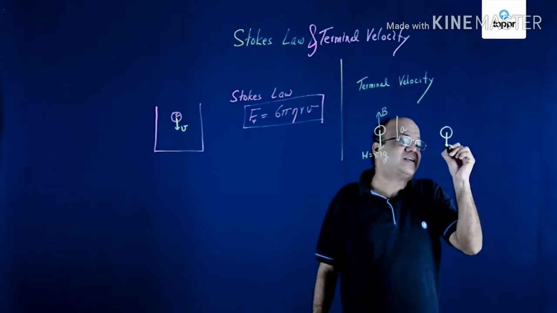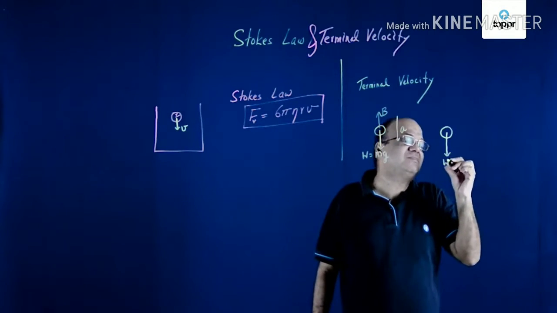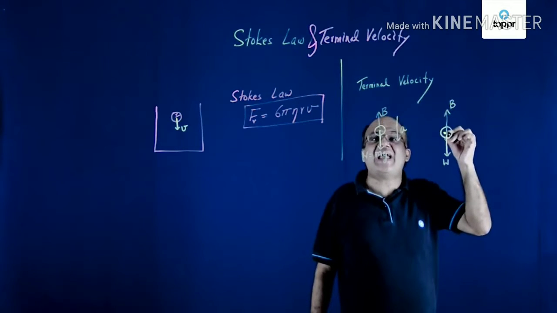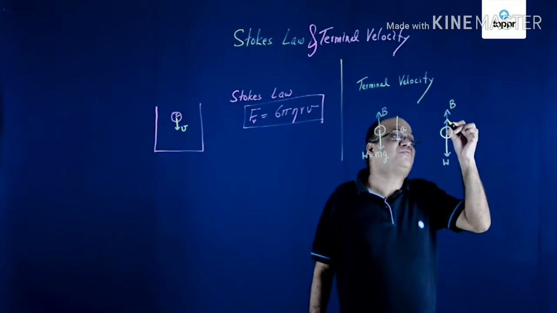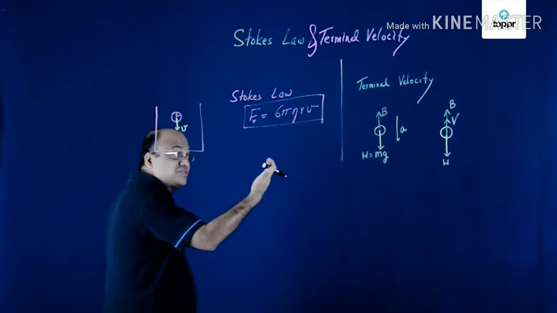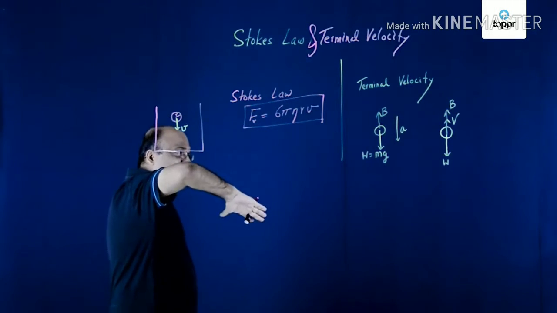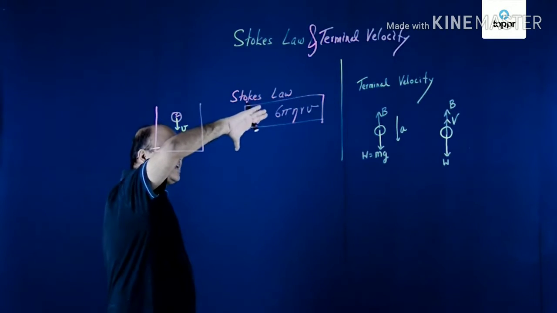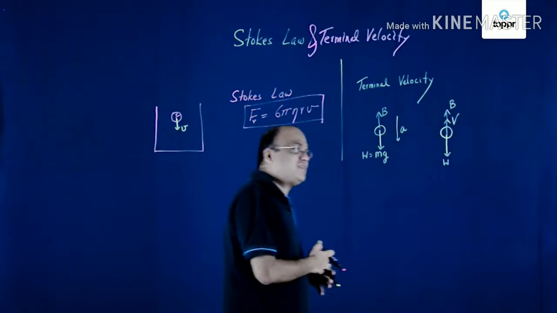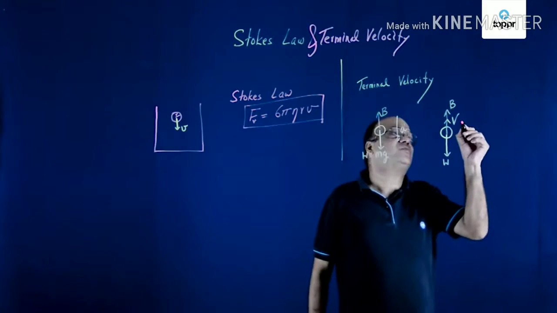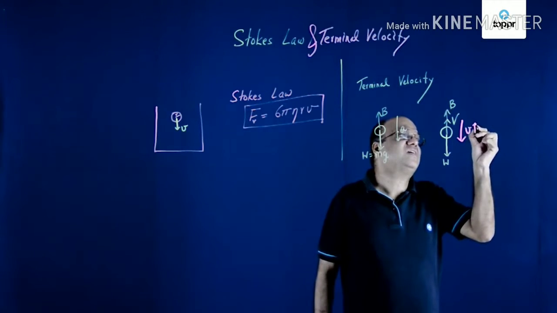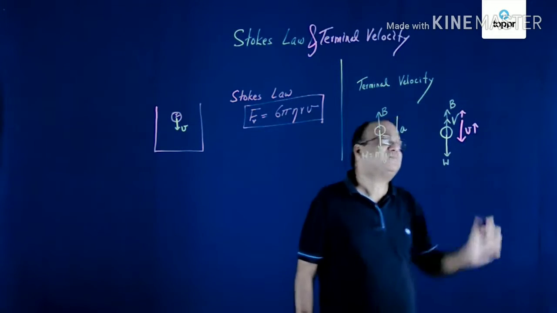So now weight is acting vertically downwards, the buoyant force is acting upwards, and the viscous force, we can call that capital V, also is acting upwards. Weight and buoyant force are fixed forces. The viscous force depends on velocity, and as this body is going down, the velocity is increasing, so the viscous force increases.